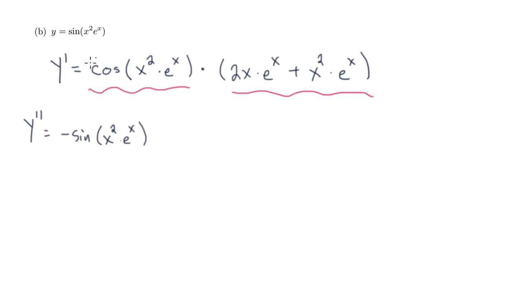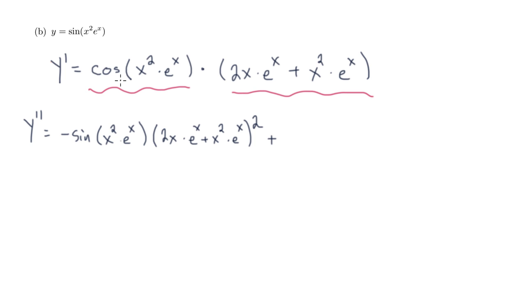Okay, that's the derivative of the outside function, times the derivative of the inside function, which is, well, we already did it. It's 2x times e to the x plus x squared times e to the x. Okay, that's the derivative of this function. And then the product rule says we need to multiply by this function. But that's the same as this function, so it'll just be that squared.